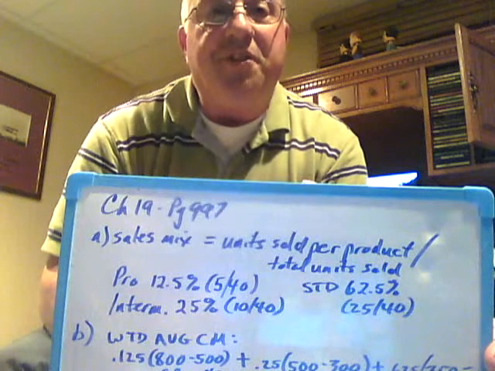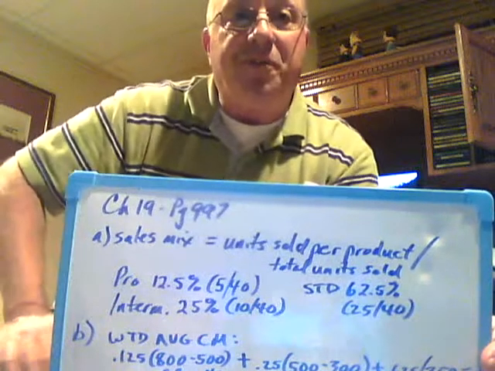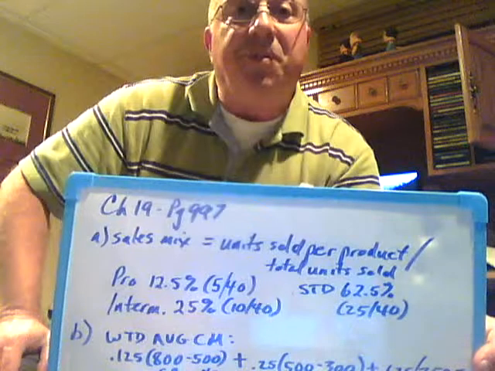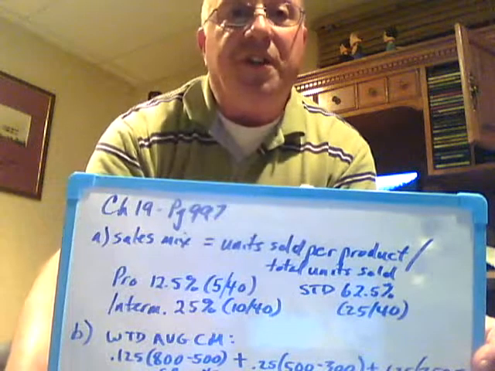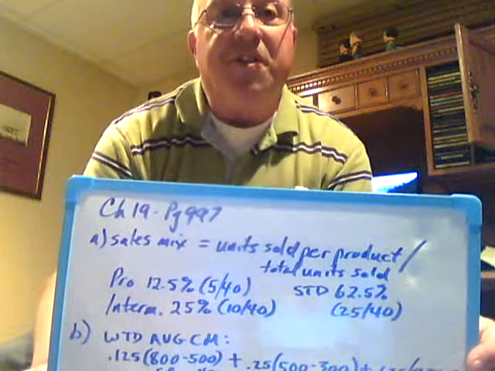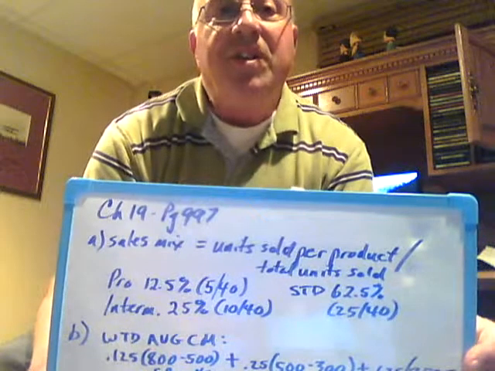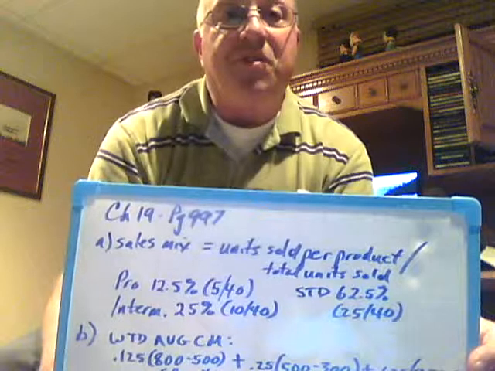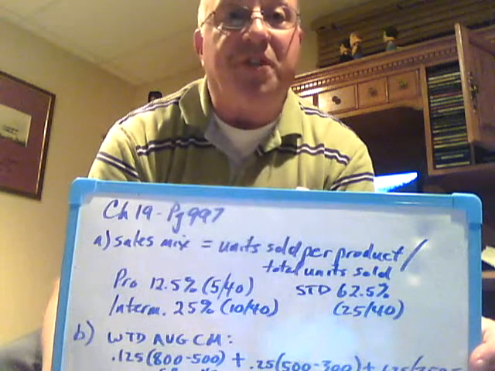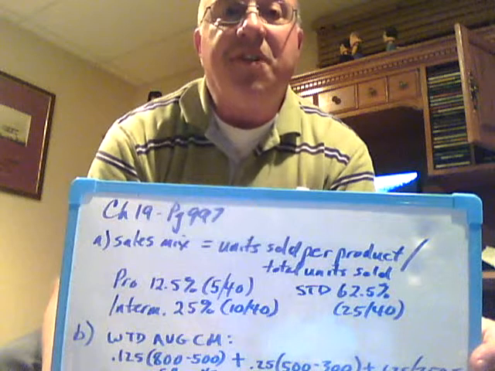So the first thing they wanted you to do in part A was to compute the sales mix percentages. So what you need to do is look at each product, and there are 3 of them in this case, and the amount of units projected to be sold for each one as a percentage of the total.